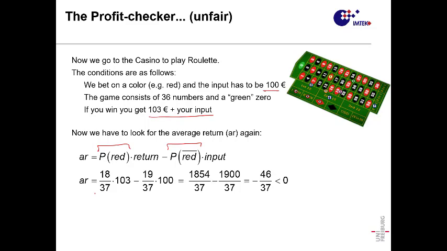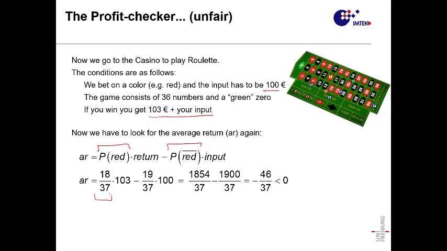So, how do you calculate the probability of red? Well, you have 36 numbers. 18 will be black, and 18 will be red. So 18 is our subset A. And then all the outcome possibilities are 37, because you have the 36 plus the 0, that is green.